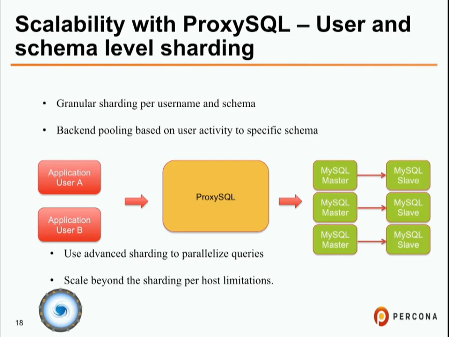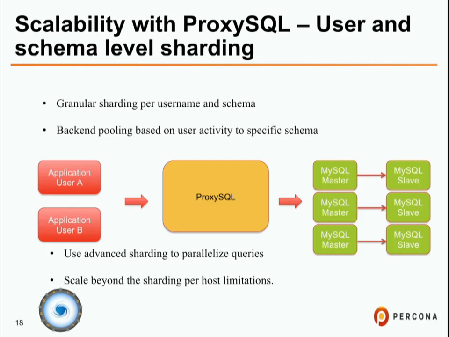One way of doing it is using the username. So you can configure the proxy, saying every time you're seeing traffic from this user, it should go to one specific cluster. Otherwise, every time you're seeing traffic from a different user, it has to go to a different cluster. But again, in this cluster, you might have one master and slaves, so you can create a way more complex setup.